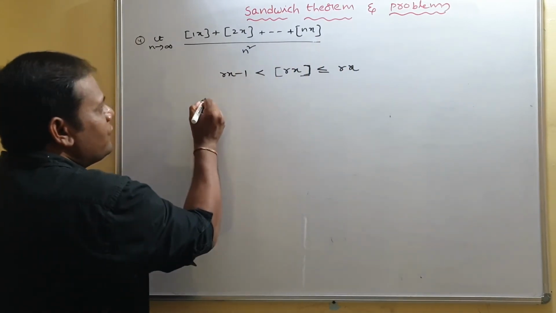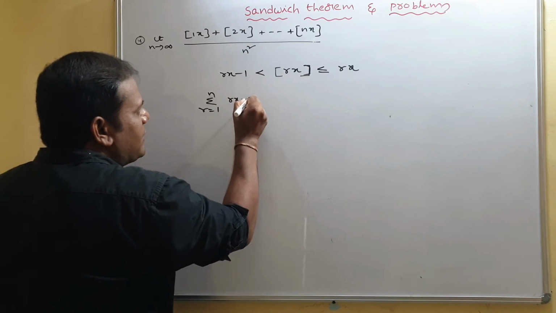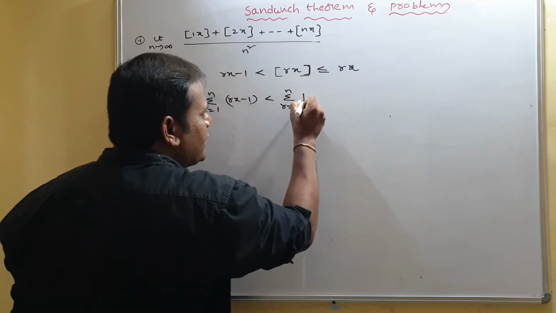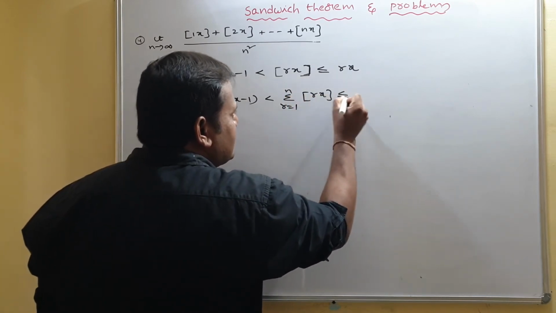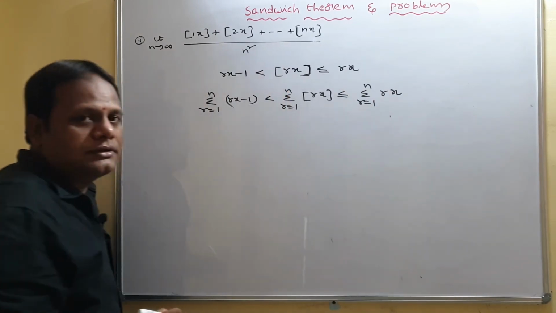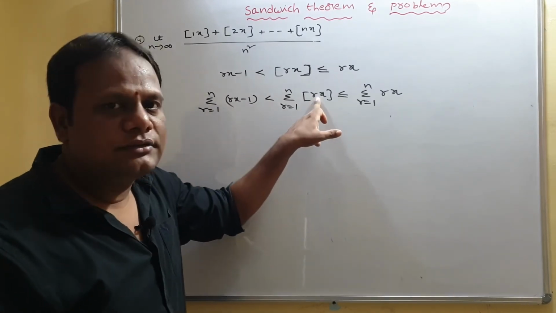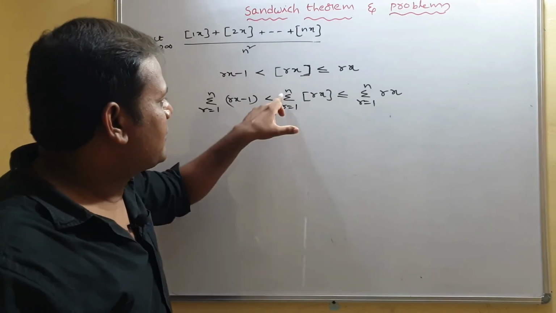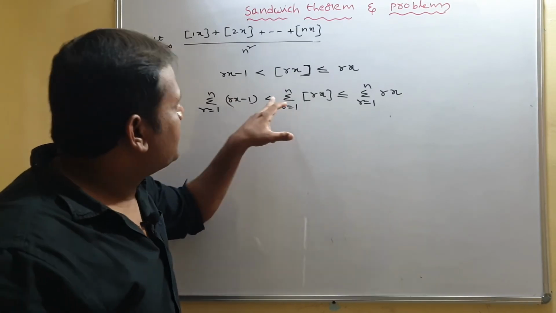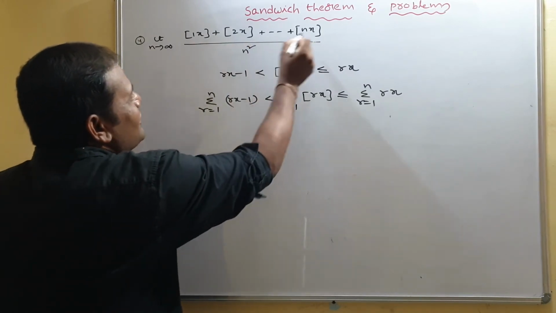I mean we can take it as sigma r equal to 1 to n of rx minus 1 is less than sigma r equal to 1 to n of step rx is less than or equal to sigma r equal to 1 to n of rx. Now once you observe the middle function, what is this? First r value 1, so step 1x. Plus r is 2, step 2x, plus step 3x, so on, at last r is n, step nx. So we got the numerator in the middle.